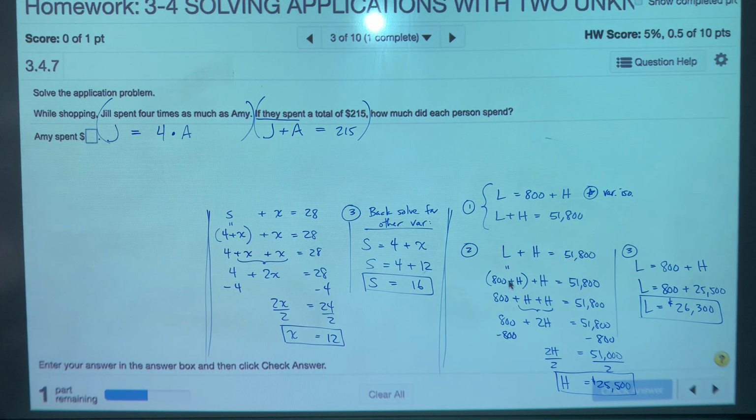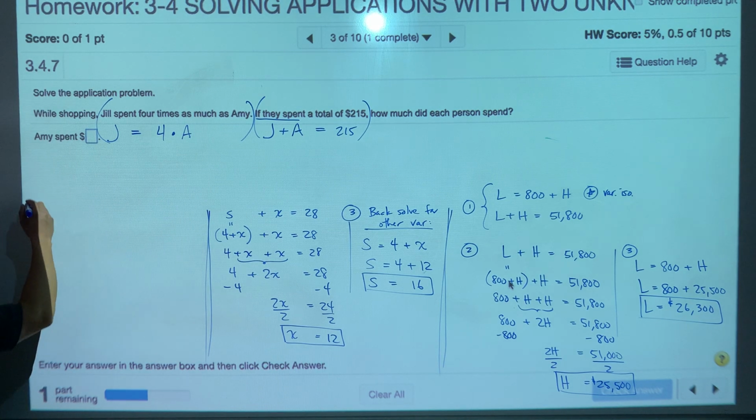And now we have 2 equations that we're ready to go work with. Any questions about what I just did? So the second one, if they spent, another way to think about it is together they spent, right? Combined they spent. Adding their spending together equals whatever way you want to look at it.